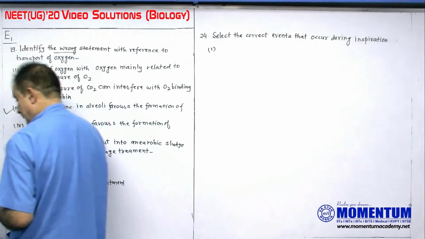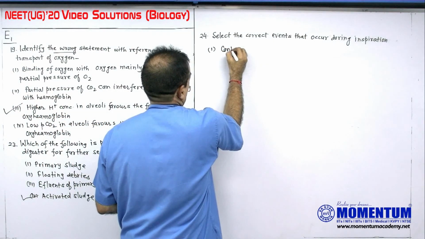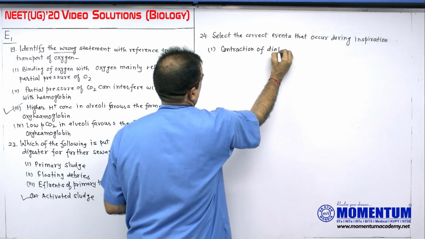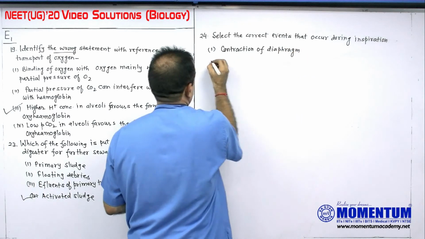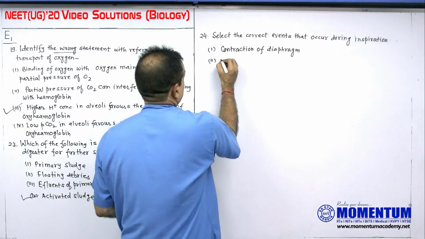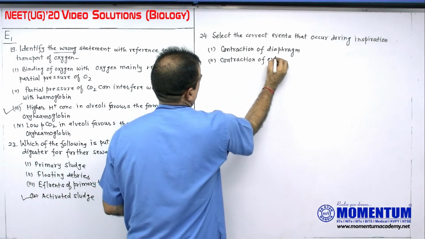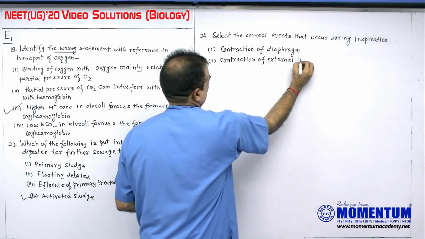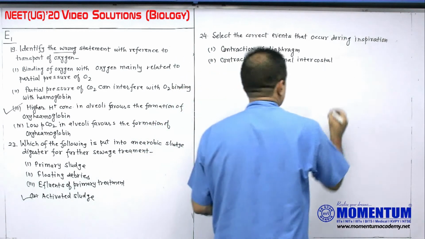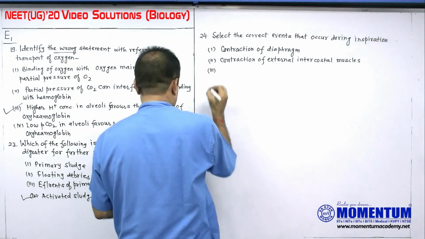Number one, contraction of diaphragm. Contraction of external intercostal muscles.